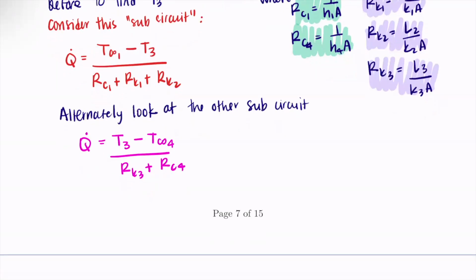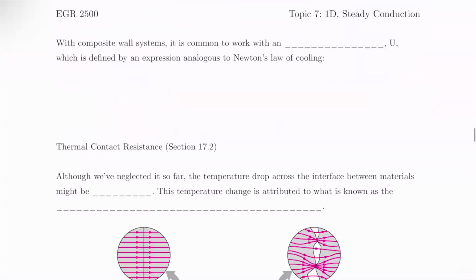For composite wall systems, it's common to work with an overall heat transfer coefficient, which is called U. And it is defined by an expression that looks very similar to Newton's law of cooling.